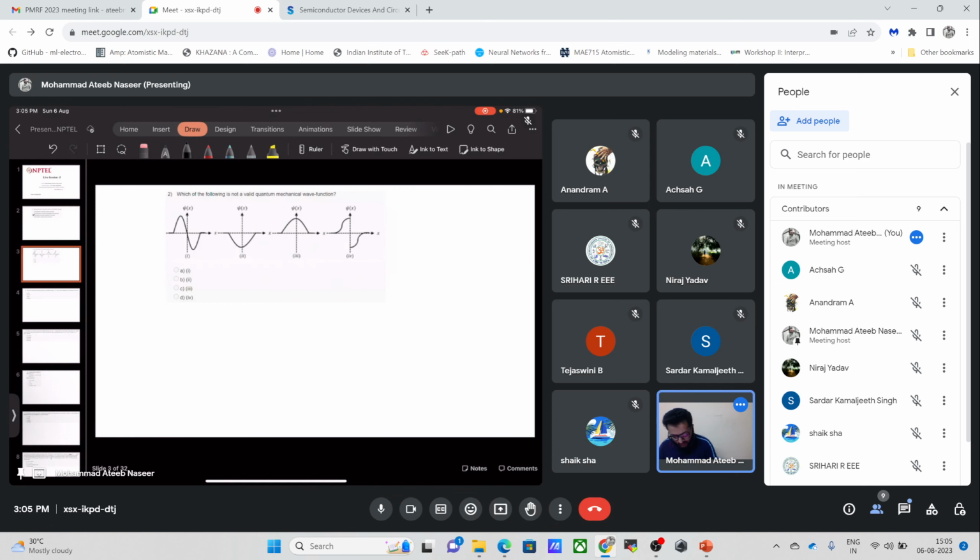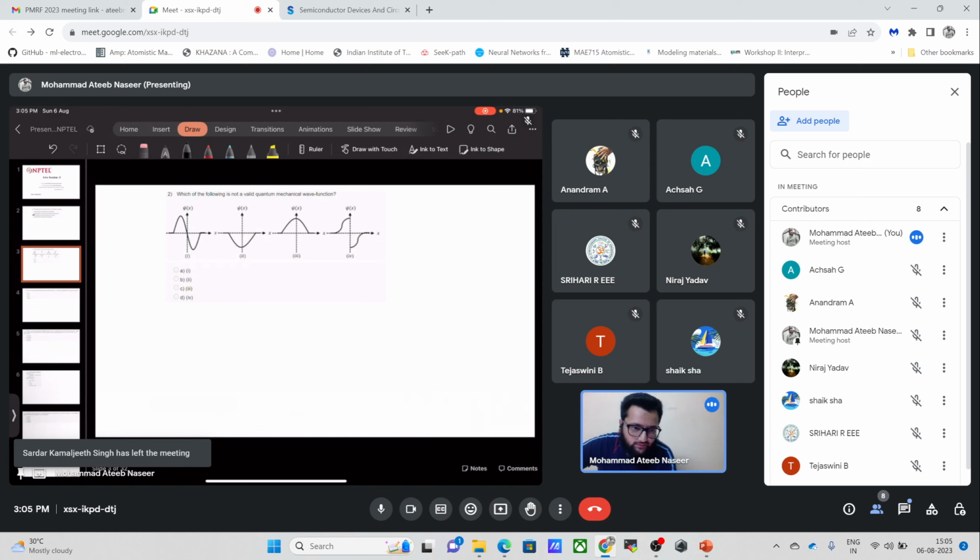Now, what about this second question? As we have seen for this psi, it must satisfy certain properties, and here we have given four wave functions, where among these four we have one which is not valid, which does not satisfy the properties of the wave function.